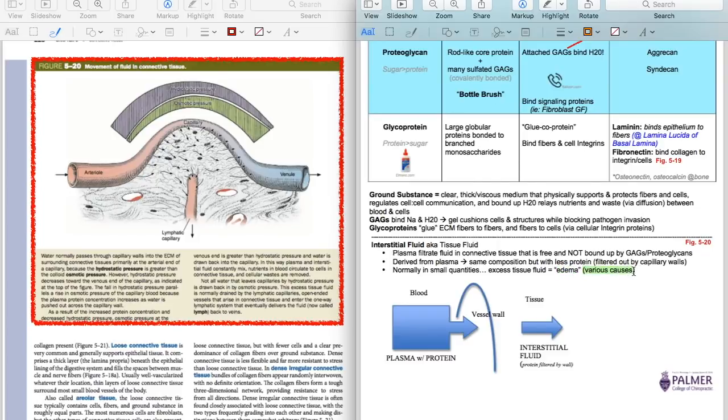There are many different causes, and usually it's not a good sign. There are many different pathologies that cause edema. It could just be protein, or it could be trauma, burns, various vascular disorders and things. So just know that edema is a clinical term for excess tissue fluid or excess interstitial fluid. Okay, this is a little diagram kind of showing you what I just talked about.